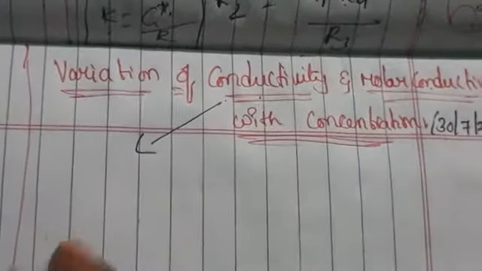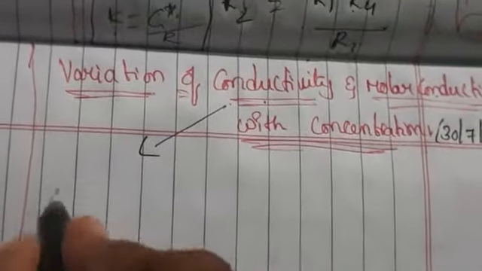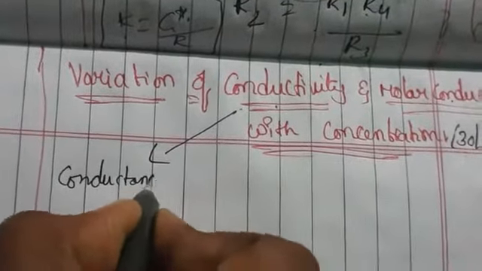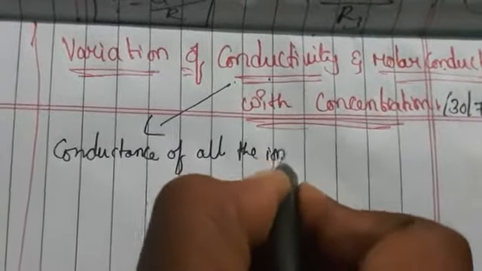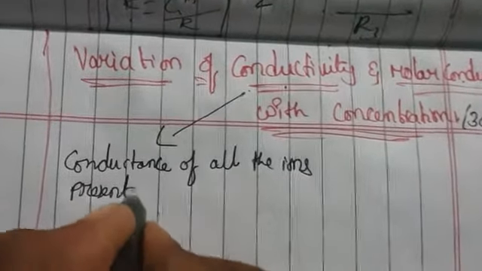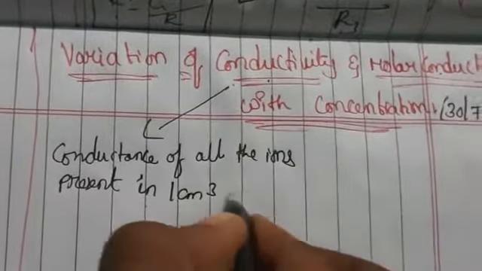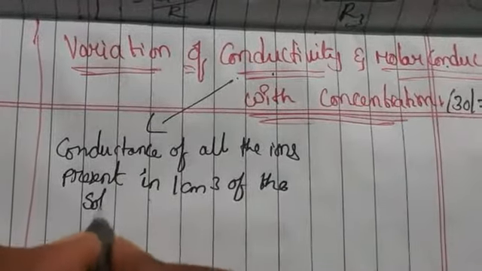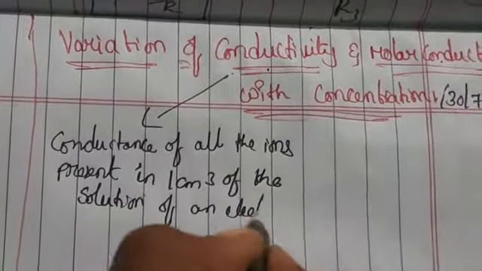As we have discussed in the previous class, it is the conductance of all the ions present in one centimeter cube of the solution of an electrolyte.